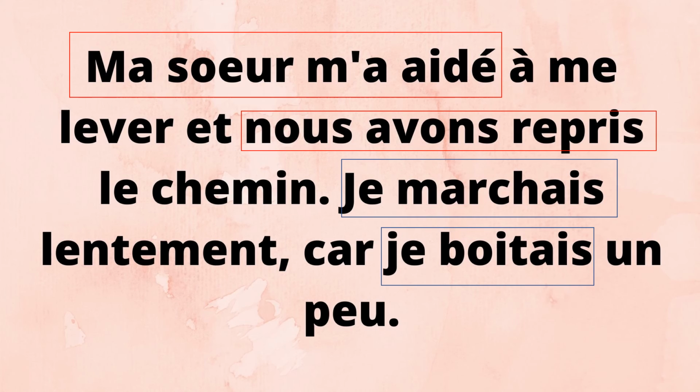Then finally, we have the last two verbs here in the past tense, which are je marchais and je boitais. Je marchais, I was walking slowly, and je boitais, I was limping. In these two cases, we're describing how someone was walking, so that is placed in the imperfect tense.